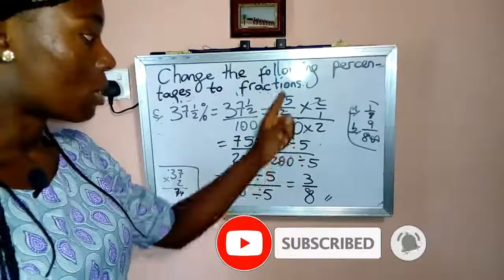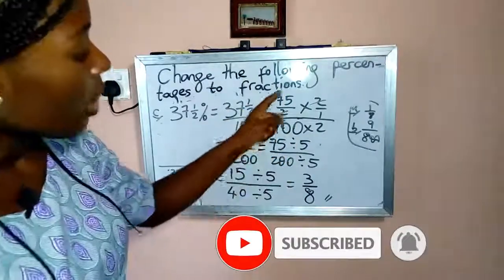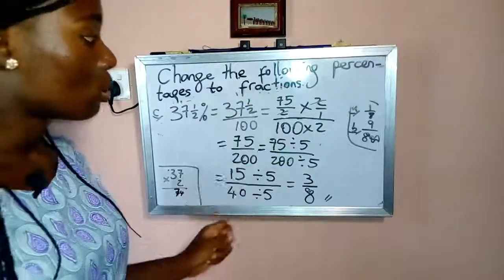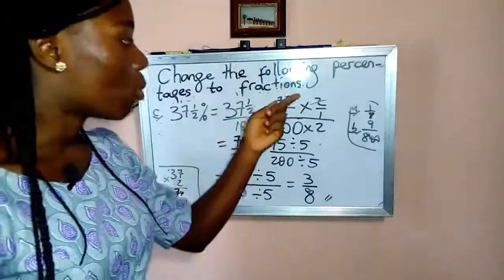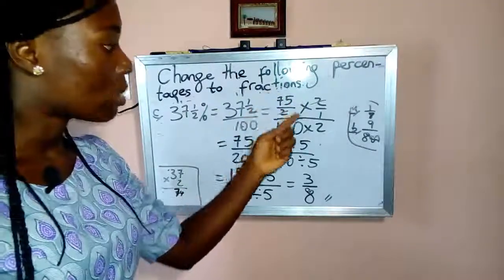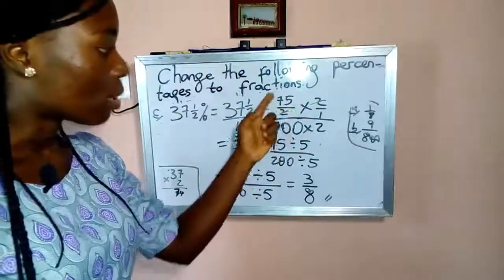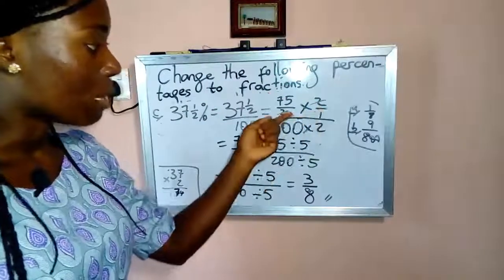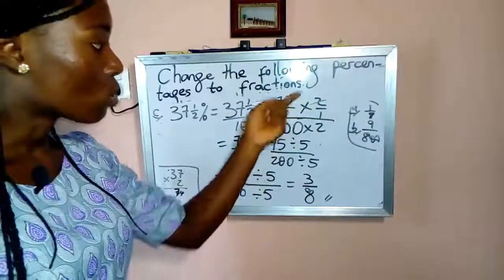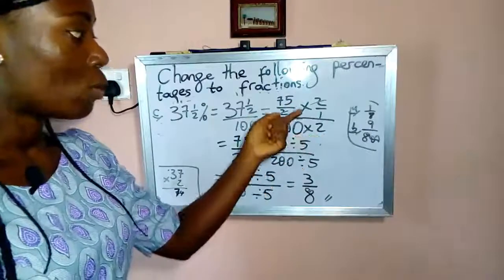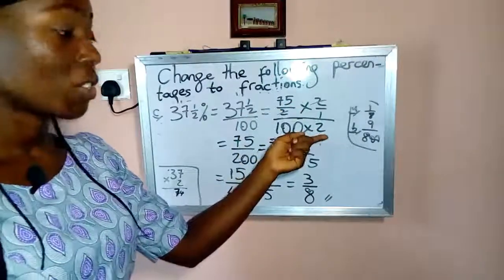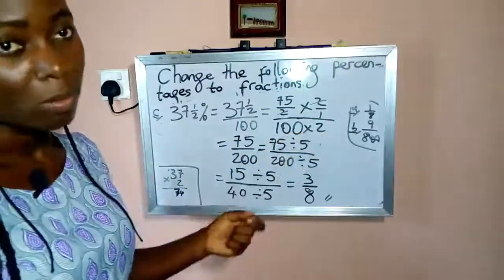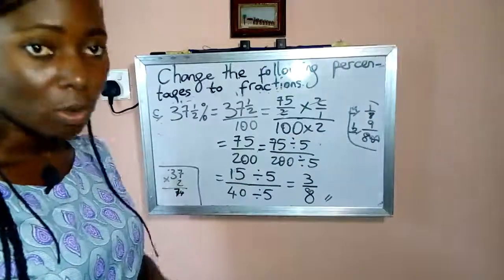We cannot work with it like that because we want to achieve a single number here. So we multiply both this number, which is 75 over 2, by 2, just to eliminate this 2, and also do the same for the bottom. If you do it for the top and you don't do it for the bottom, you have created another problem and your answer will not be correct.